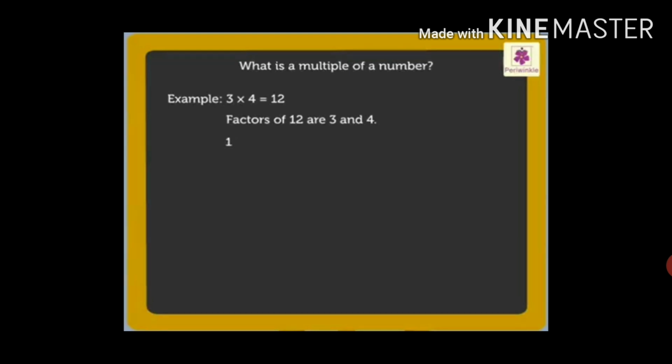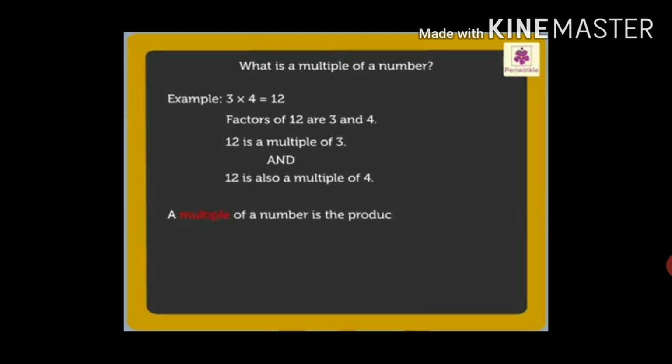So here, 12 is a multiple of 3 and 12 is also a multiple of 4. Therefore, we define a multiple as a multiple of a number is the product obtained when the given number is multiplied by the same or any other number.